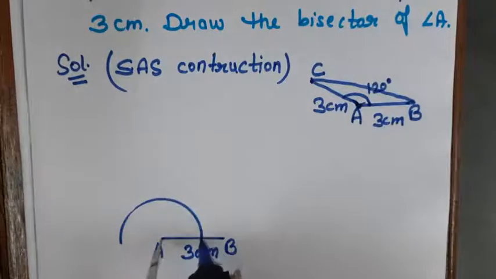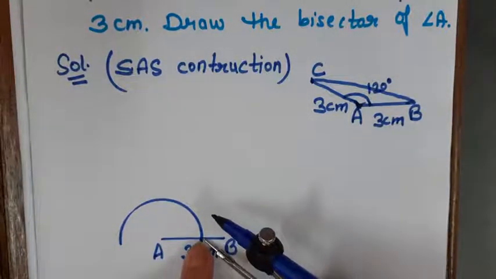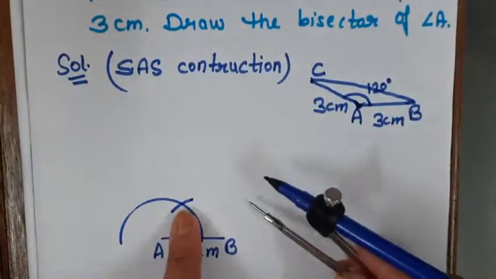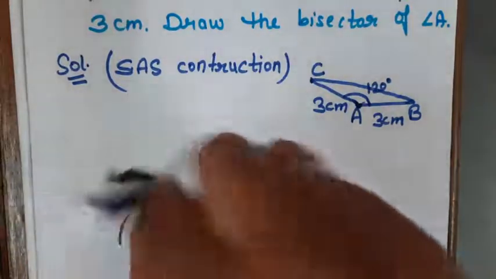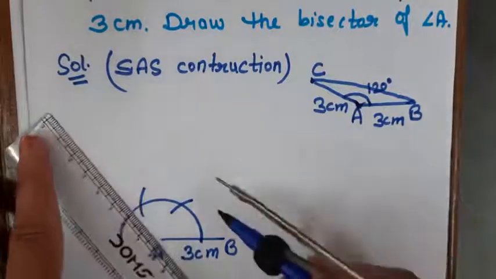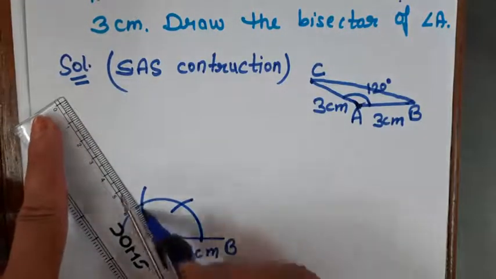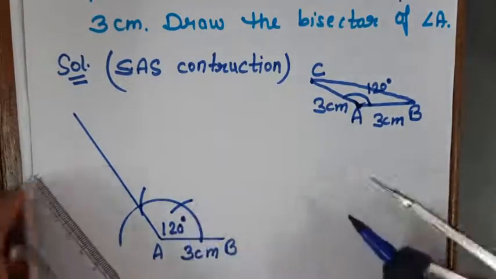No need to measure while opening the compass, right? Just draw a semicircle. Now from this point, make an angle of 60 degree, right? Now from 60 degree arc, you will cut one more time to get 120. This is a 120 degree angle. Now join it with this point. This is 120 degrees, right?